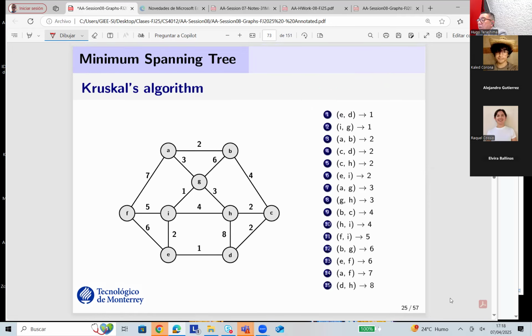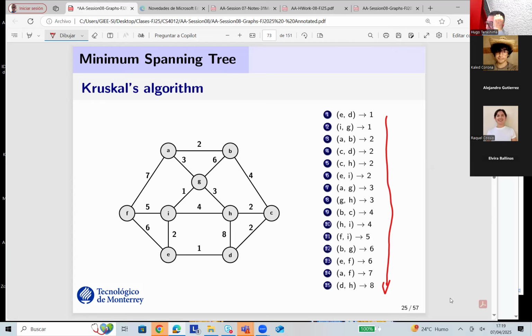So what we are going to do is order all the edges from smallest to largest. Is that clear enough? It's the first step in the algorithm.